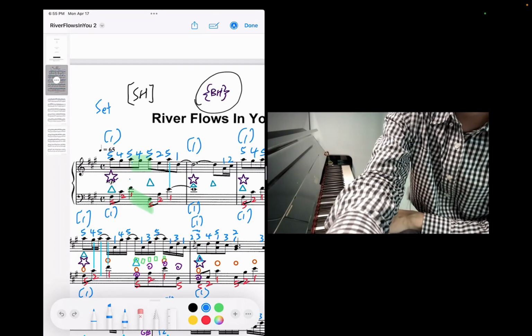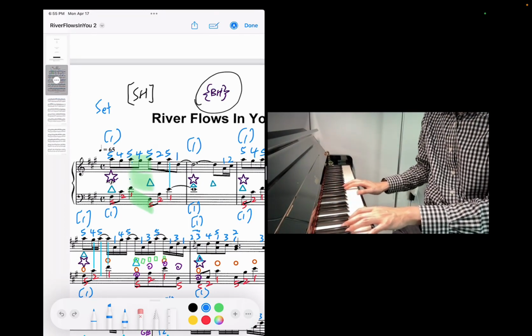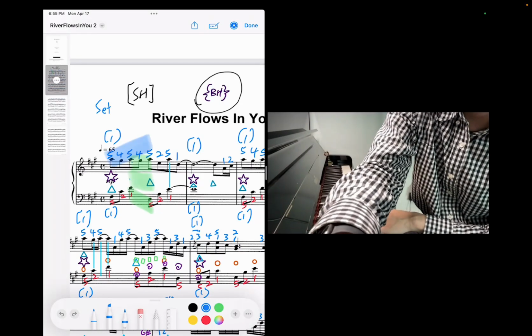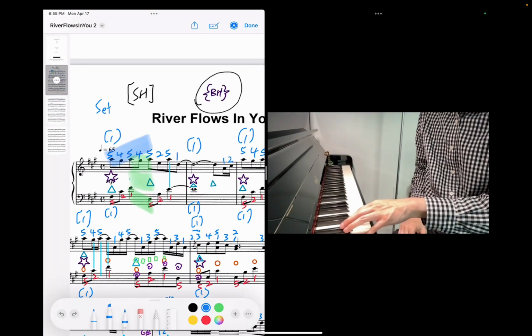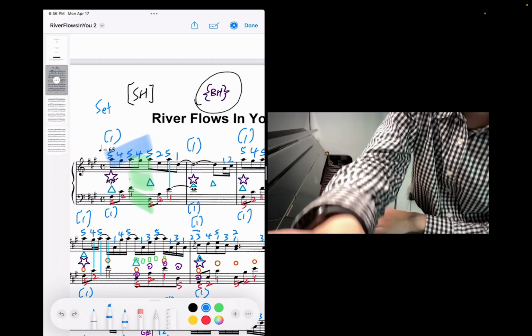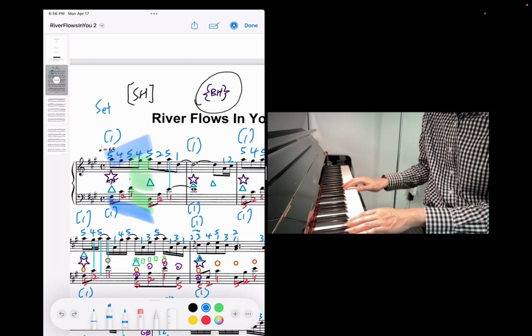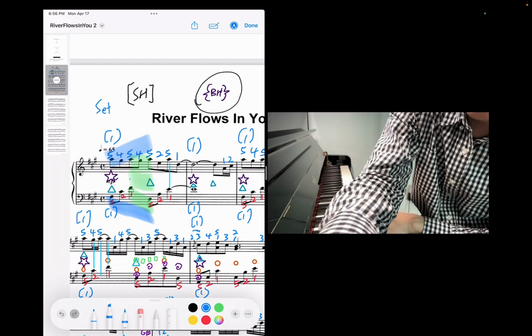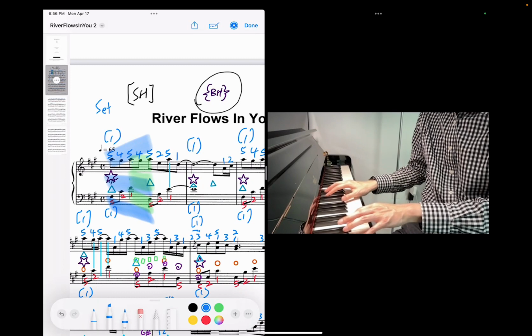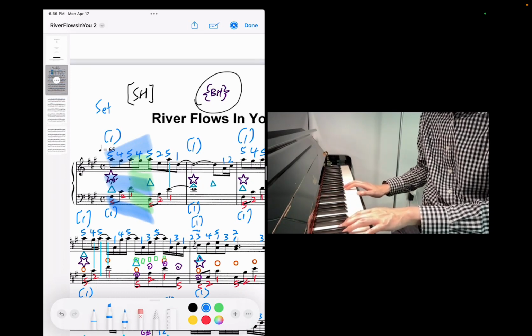I guess I can, this designates both hands. Okay. And then we have right hand, the entire half measure set. Left hand. And then finally, right? So we have that entire thing.